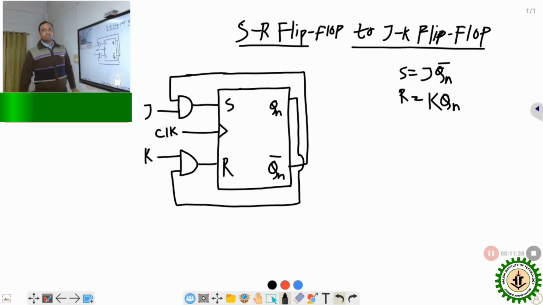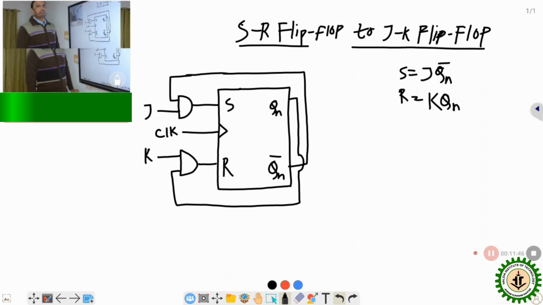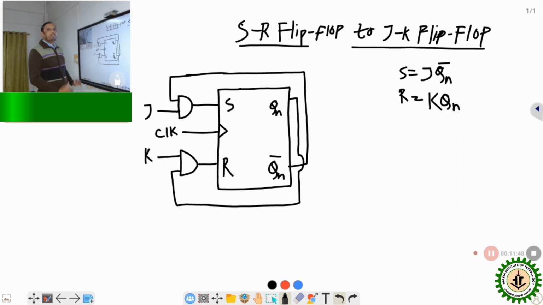This is the clock. So this is the circuit conversion from SR flip-flop to JK flip-flop. If we have an SR flip-flop, we can convert it to a JK flip-flop with the help of this conversion process.